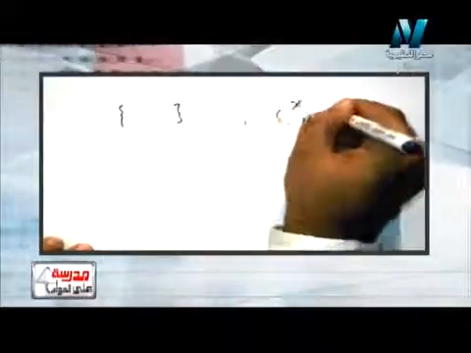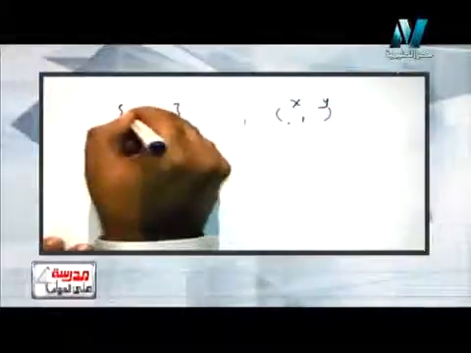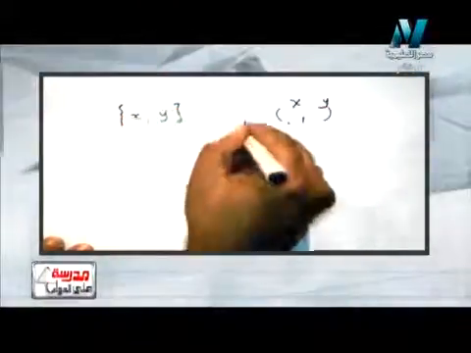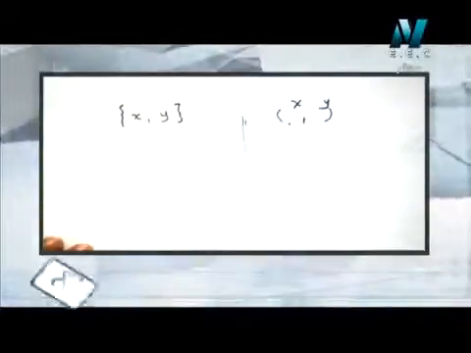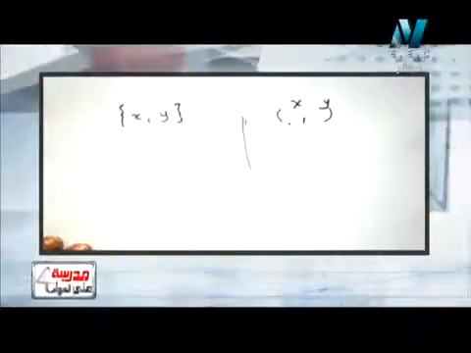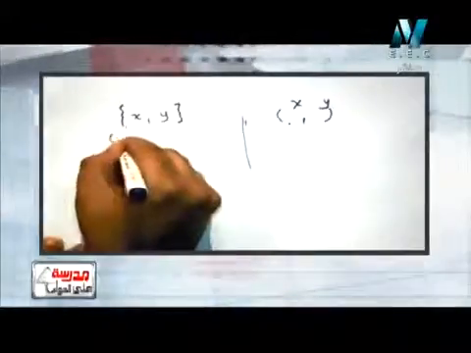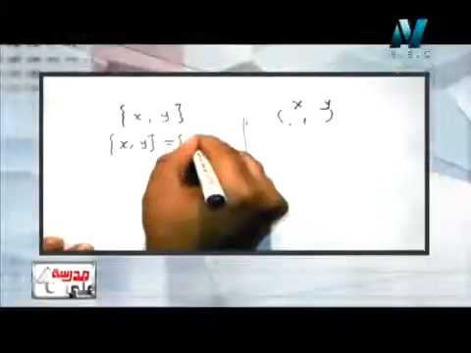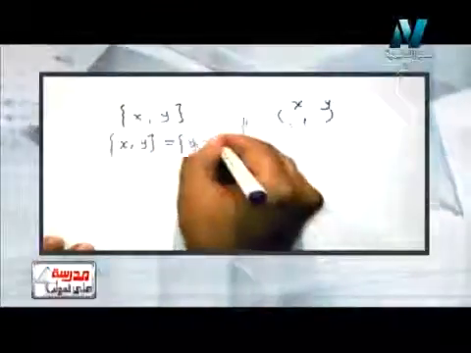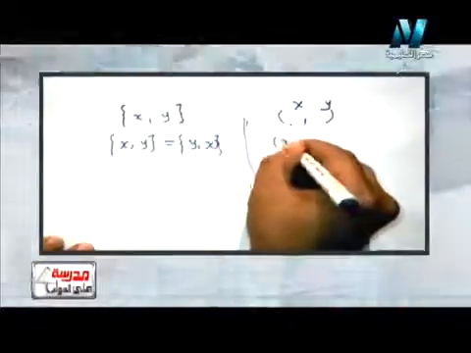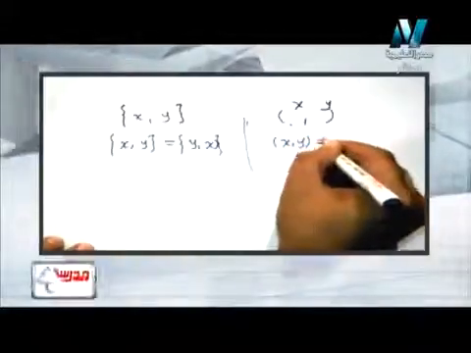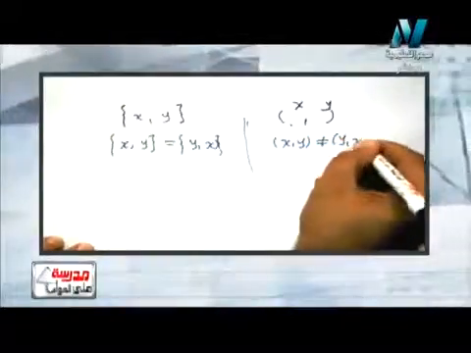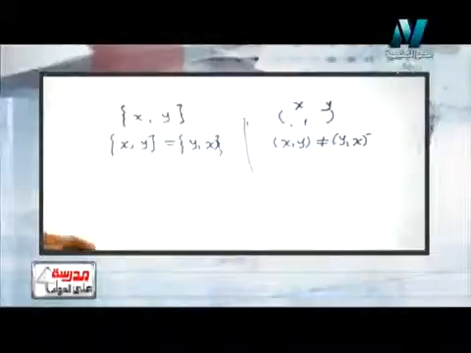The second number represents y. The order in the set is not important. We can say the set x and y equals the set y and x, while the ordered pair (x, y) is not equal to the ordered pair (y, x) because they are different.